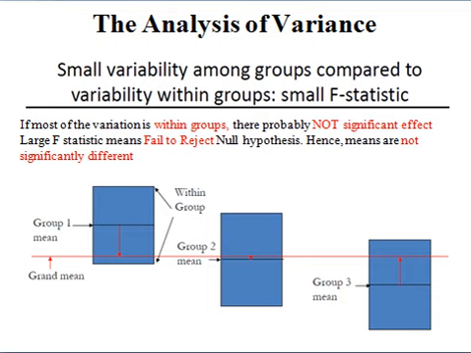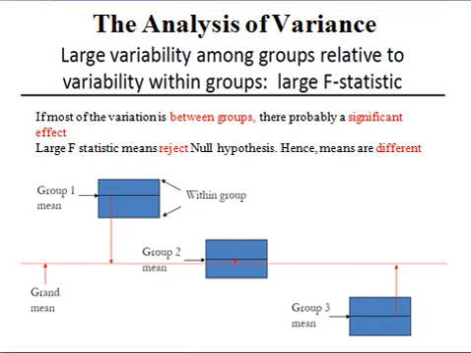This is within group, and this is the mean for group 1, this black line is the mean for group 2, this is the mean for group 3, and this is my grand mean. This blue is the variation within group, and how far the means are from one another is the variation among groups.